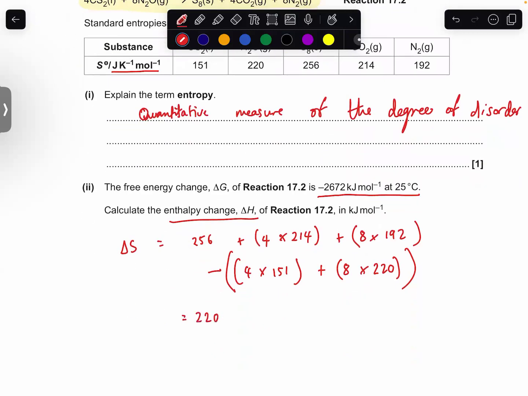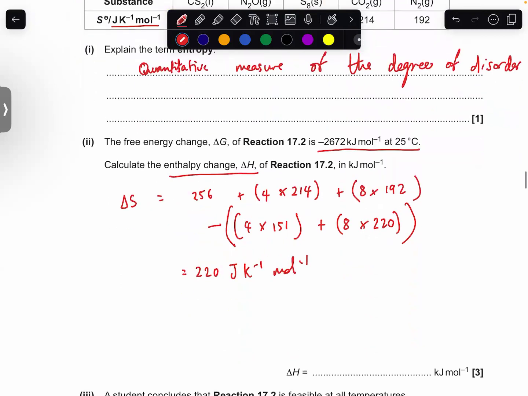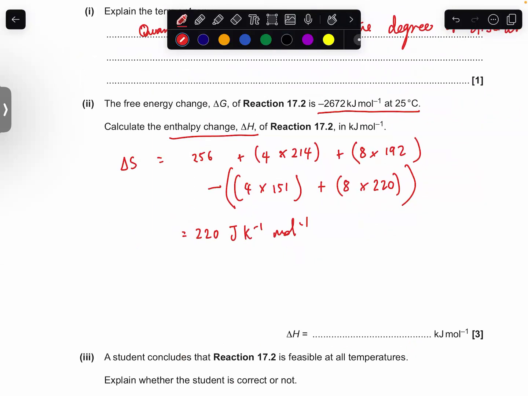Gives you 220, but this is joules per Kelvin per mole. So we'll need to do some changes to that.